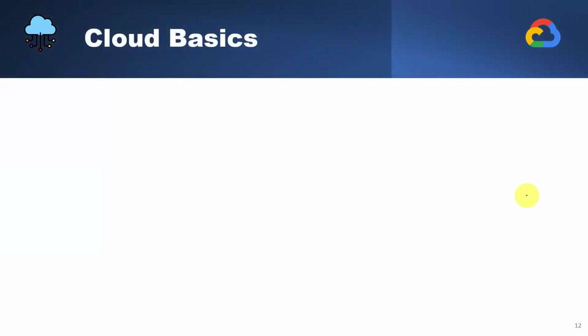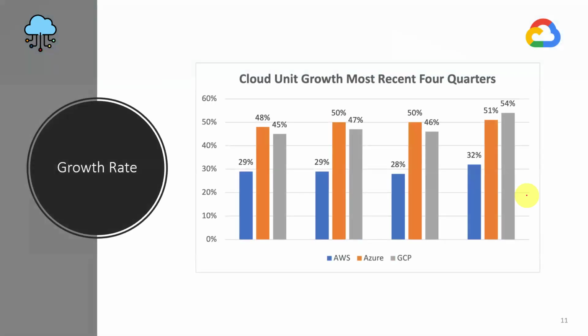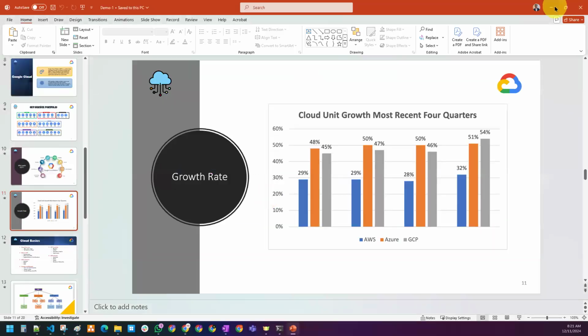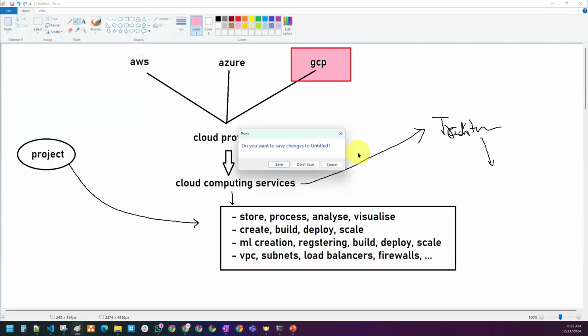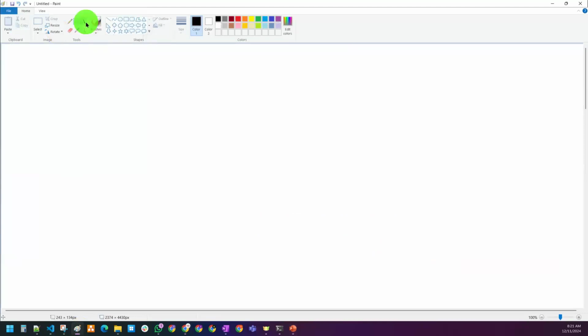Cloud basics. Now I would like to talk about the course curriculum. Before that, I would like to give you 1 or 2 minutes of time. If anyone wants to have any questions, you can ask me, guys. Please raise your hand if anyone has any questions. I would like to go to each and every person.